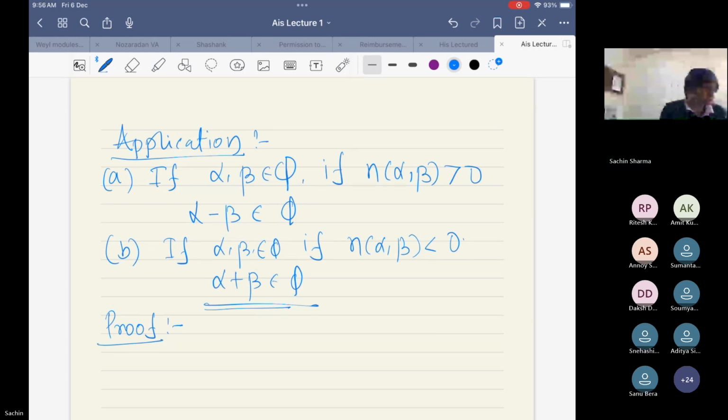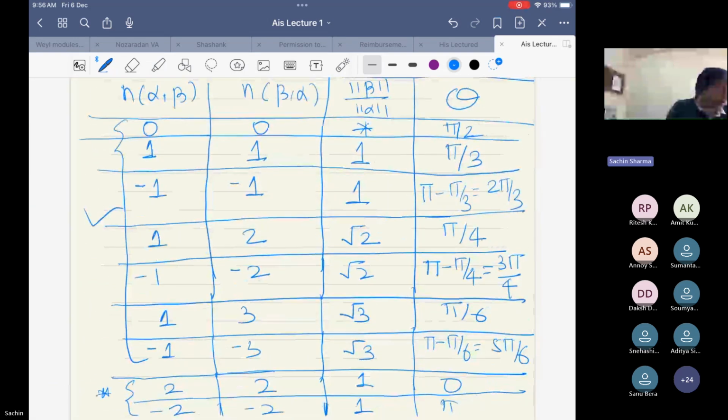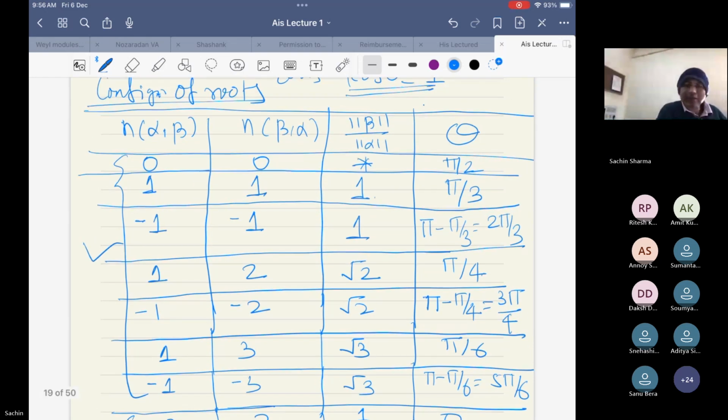Okay. So you see that in this table, suppose n(alpha, beta) is positive. You all observe that at least one of n(alpha, beta) or n(beta, alpha) will be 1. I'm not covering all the cases, as here you will have 2 and 1 also.